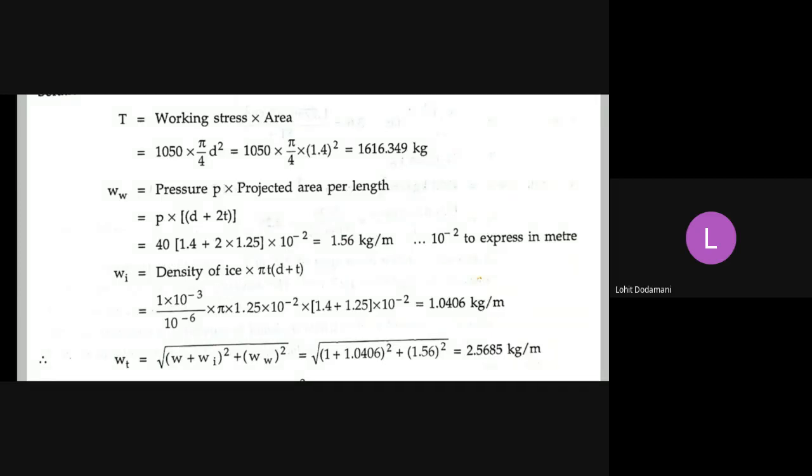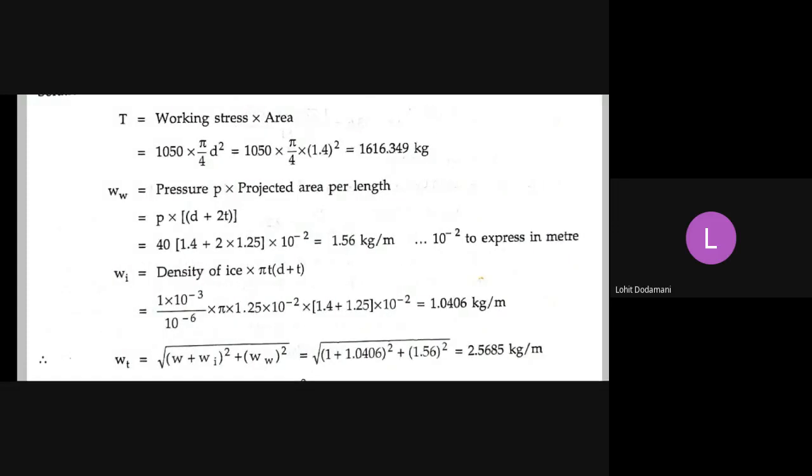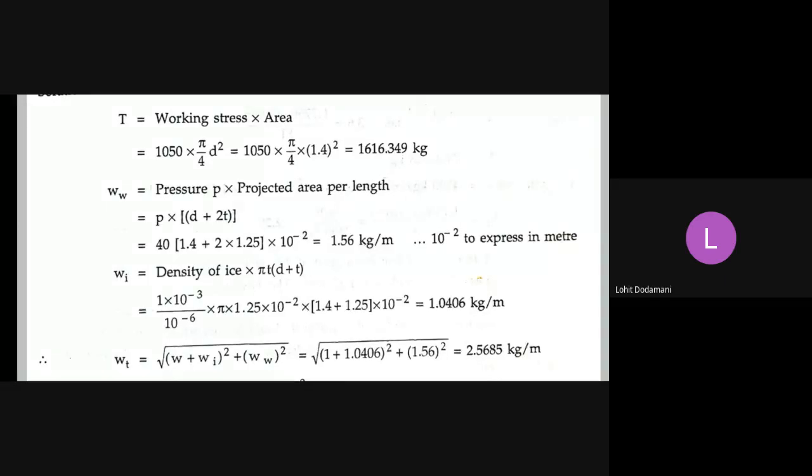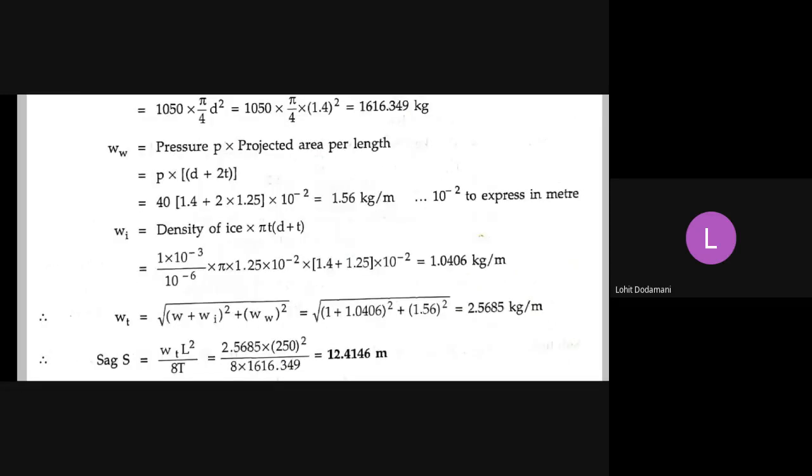After getting WW and WI, we put the values in the resultant, that is the total weight.